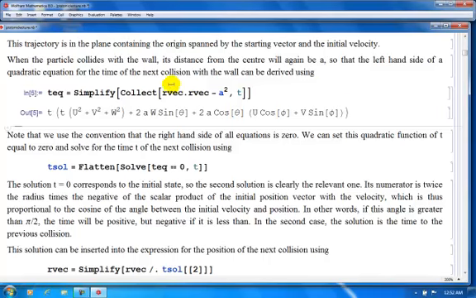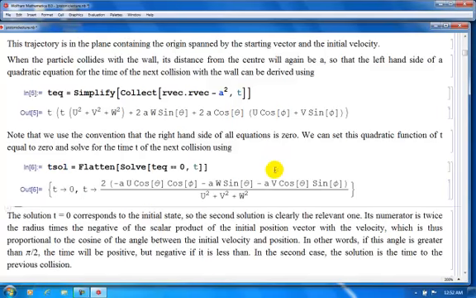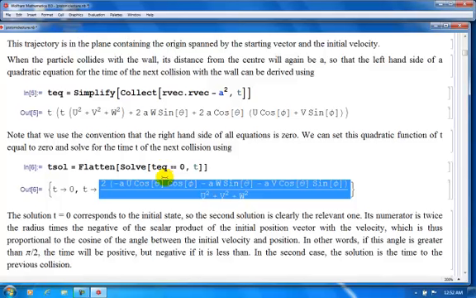We can see that this is a quadratic equation for t, so we take the scalar product of the parametric vector with itself and subtract off the radius squared, and we get this quadratic equation. We know Mathematica knows how to do that, so we solve the quadratic equation and we get two solutions. t equals 0 is obviously where the particle starts, and the other value could be, depending on the parameters, either positive or negative.